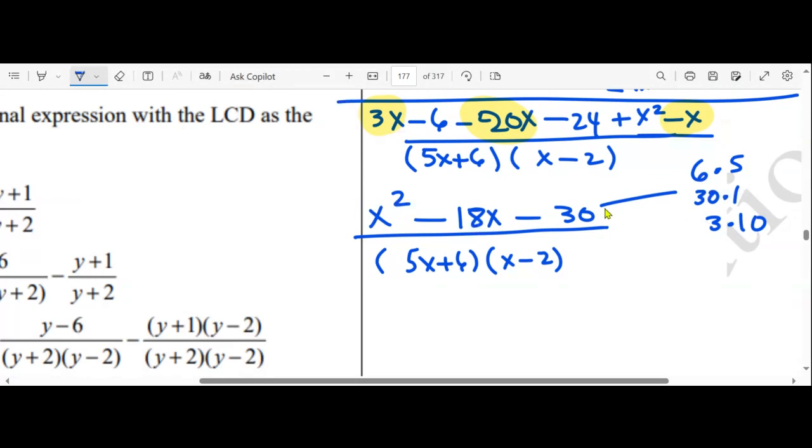Does any one of these give you 18? No. What about 2 times 15? Does this give you 18? No. So none of them. So that's your final answer. Is that clear?